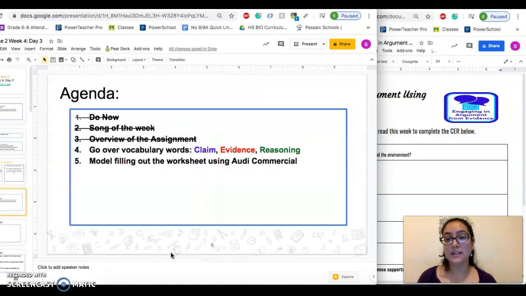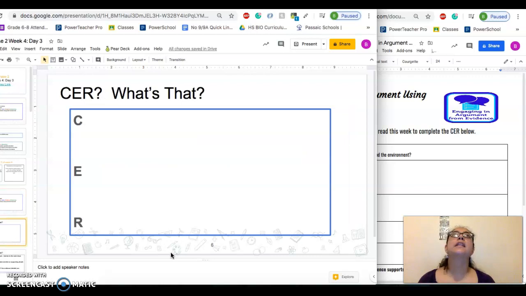Alright, so let's get started on vocabulary. Okay, so CER, what is that? What is a CER? I've been out of school for so long, I don't even know. What does the C stand for? So who could tell me what the C stands for? Claim.